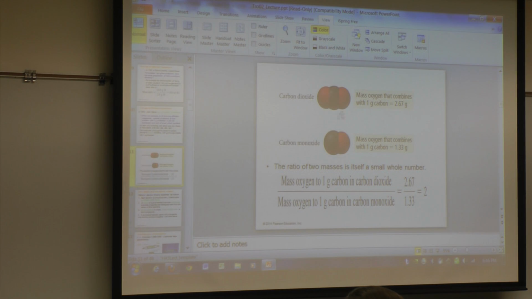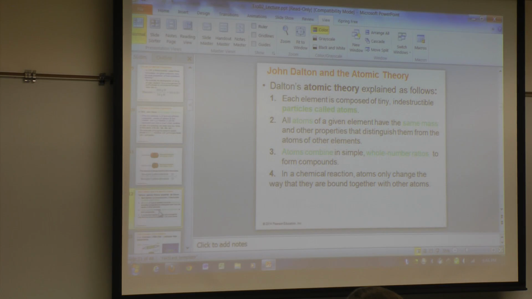If we look at carbon dioxide, we saw this last week, the mass of oxygen that combines with 1 gram of carbon is 2.67 grams. For carbon monoxide, it is 1.33, and that ratio, 2.67 over 1.33, is always a whole number, which is 2.